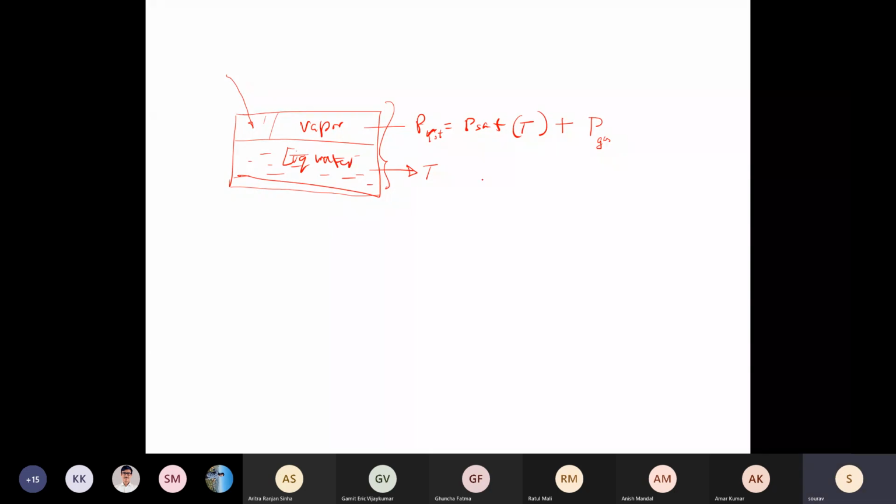But at thermodynamic equilibrium, you will still have the partial pressure of water vapor equal to the saturation pressure for water at that particular temperature. So you can understand that the composition of the non-condensable gas has absolutely no bearing on the partial pressure of water vapor, because this is still governed by the properties of water.